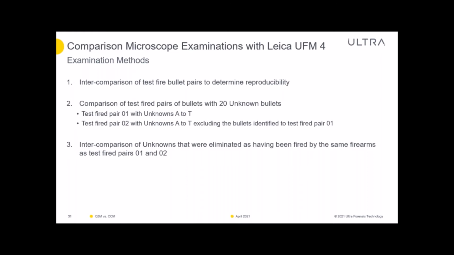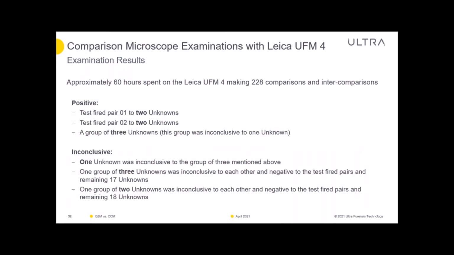Then I did an intercomparison of the unknowns that were eliminated as having been fired in the same firearms as test-fired pairs 1 and 2. I spent approximately 60 hours on the Leica UFM, and I made 228 comparisons and intercomparisons.